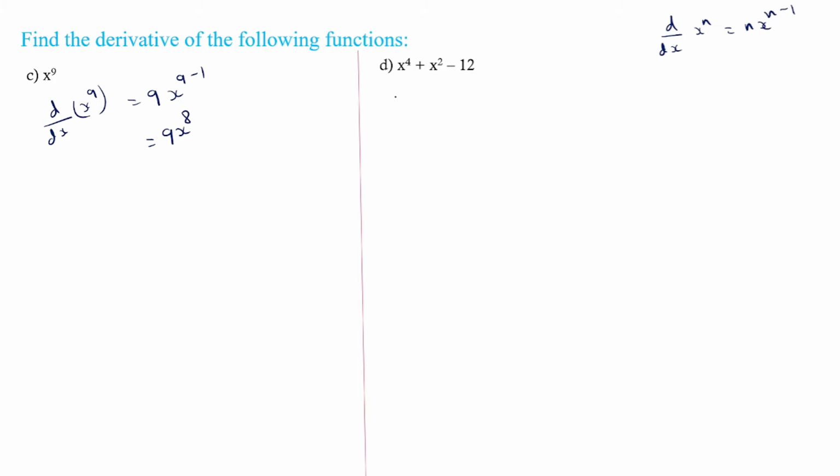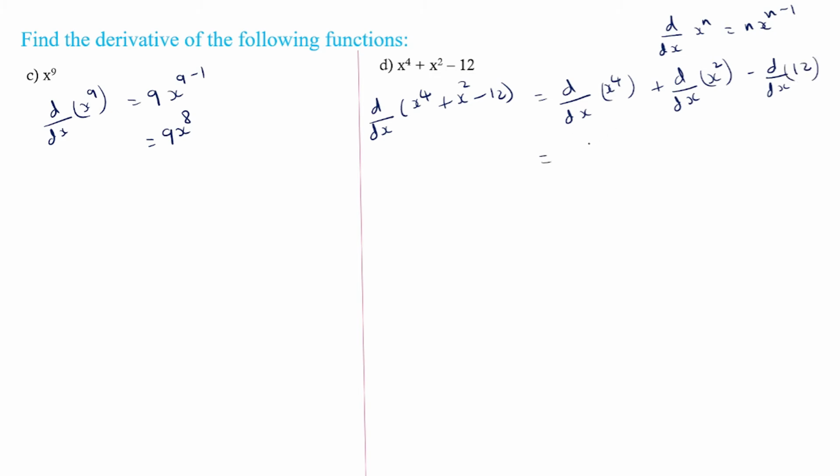And then we have x raised to 4 plus x square minus 12. The next question: the derivative of x raised to 4 plus x square minus 12 is equal to the derivative of x raised to 4 plus the derivative of x square minus the derivative of 12.